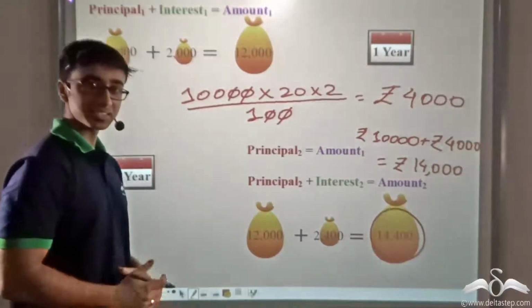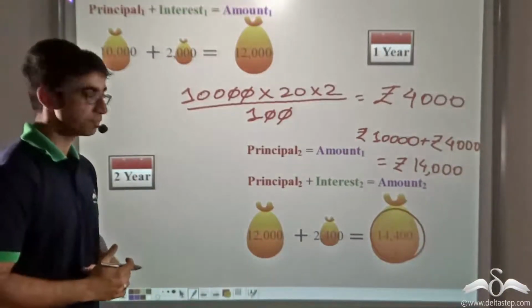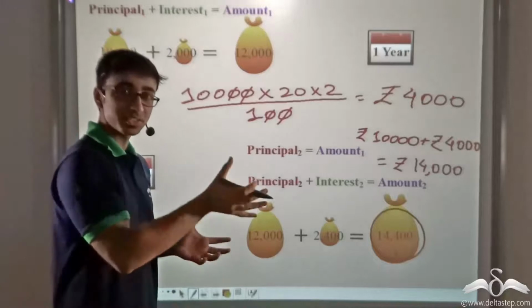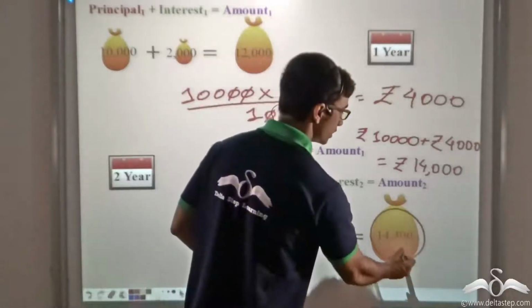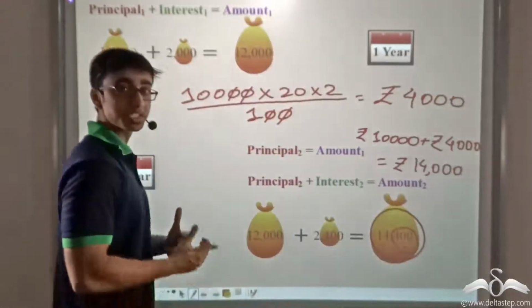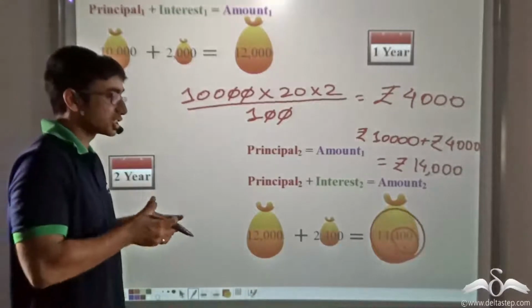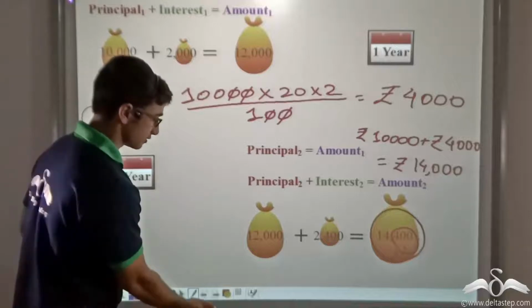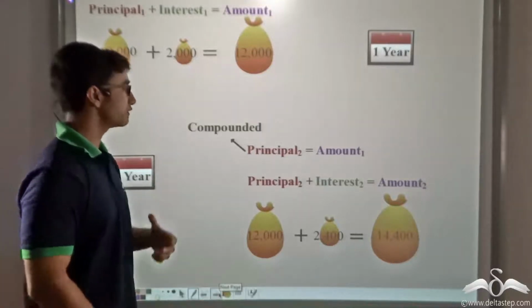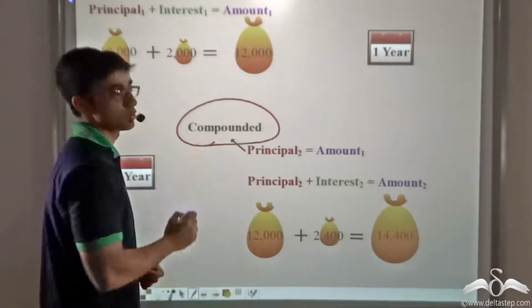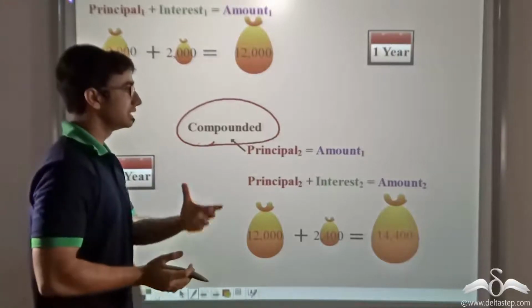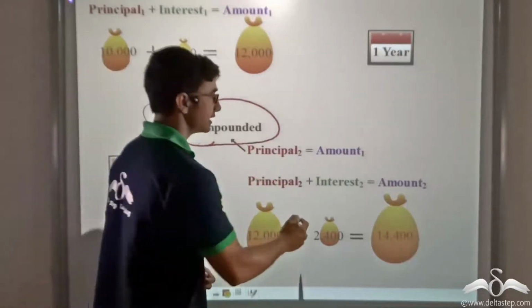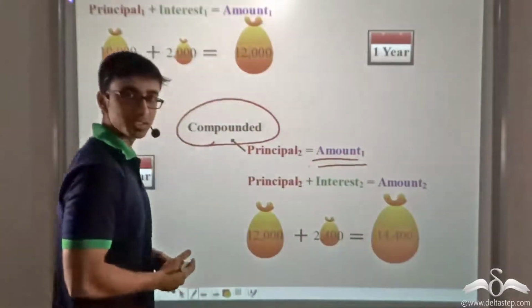So as you can clearly see, Narayan, being a shrewd person, having charged interest on interest, is being able to earn 400 rupees more. So this addition of interest on interest is known as compounding of interest. So here we find that the interest is being compounded, or in other words, the principal for the second year is the amount for the first year.